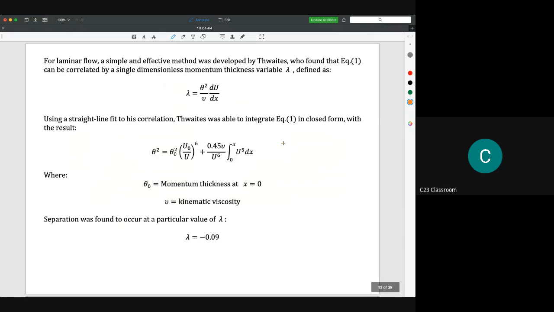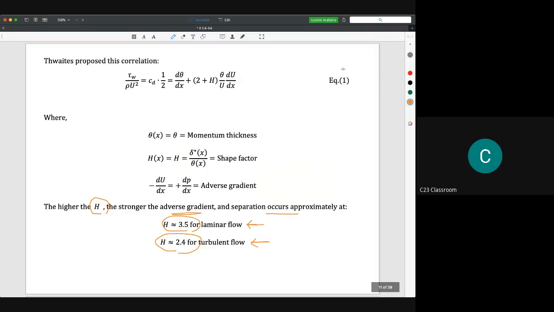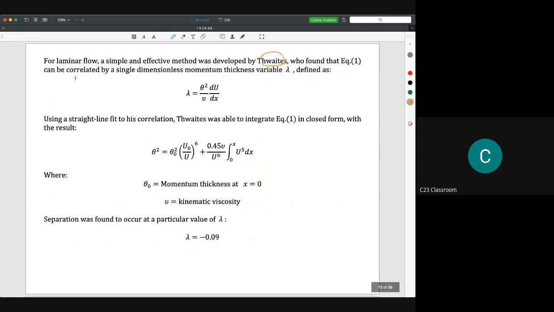For laminar flow, a simple and effective method was developed by Thwaites, who found that equation 1, which I showed you previously, can be correlated by a single dimensionless momentum thickness variable lambda, defined as this.